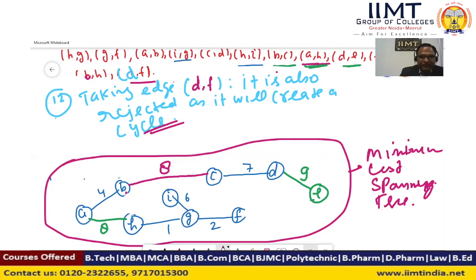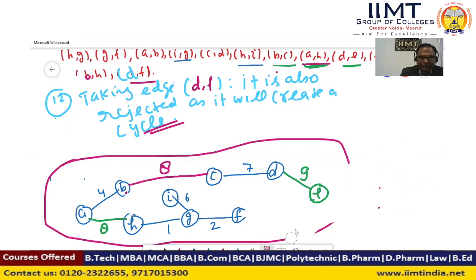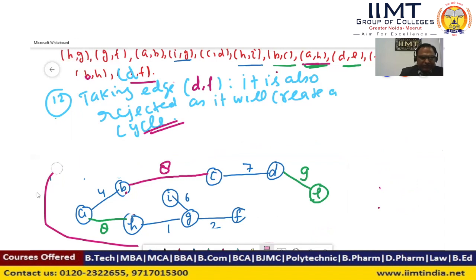Okay. Now the question is how we can find the cost of this spanning tree. When we talk about the cost, we add the weights of all the edges, and whatever the sum is, that is the output.